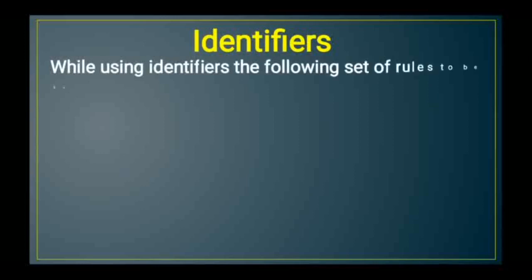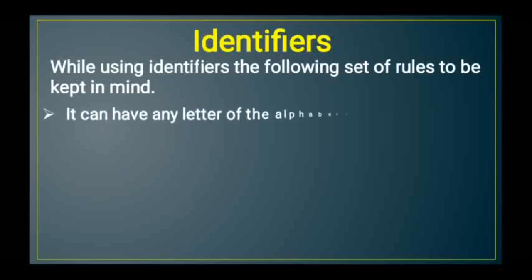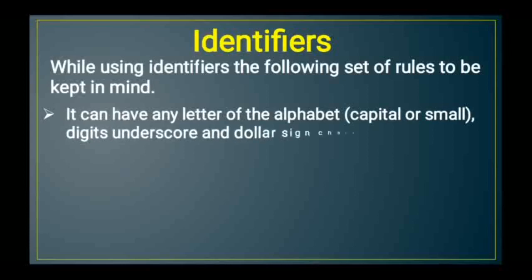Now, while using identifiers, the following set of rules should be kept in mind. The first rule: it can have any letter of the alphabet, capital or small, digits, underscore and dollar sign characters.